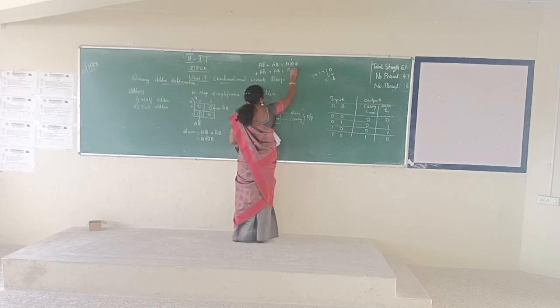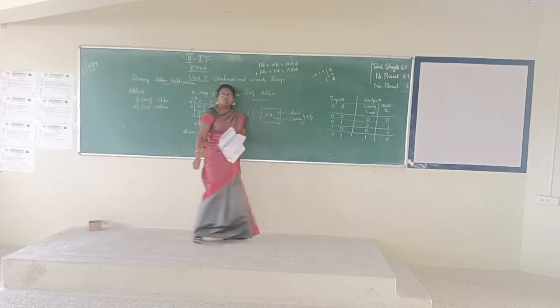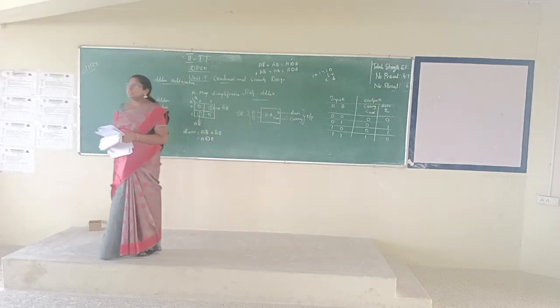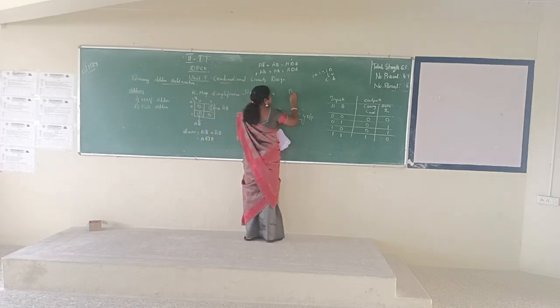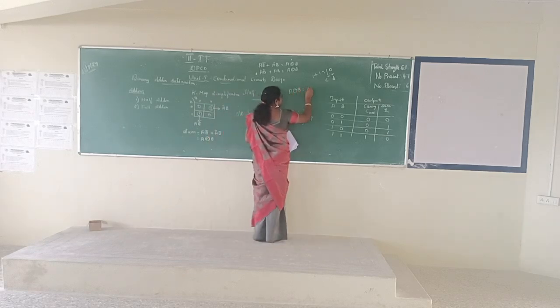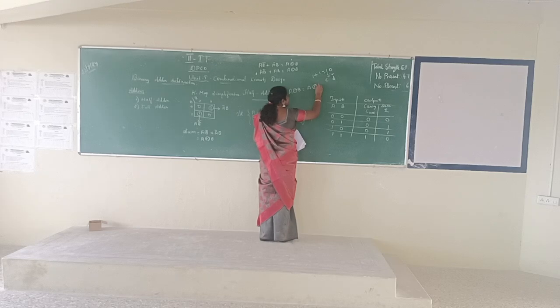This is the XOR symbol. Then A XNOR B can also be written as A XOR B the whole bar, right?